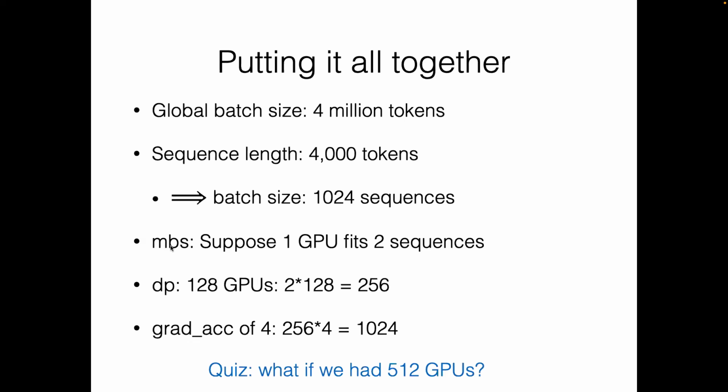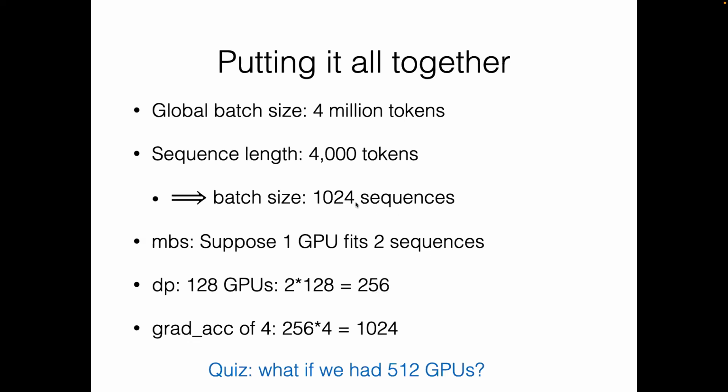Let's pick 2. Then you could say, okay, in order to achieve this target batch size, we have to do some parallelism and we have to do gradient accumulation. The parallelism might be determined by how many GPUs you have. So if you have 128 GPUs, now you can get up to 256 sequences.